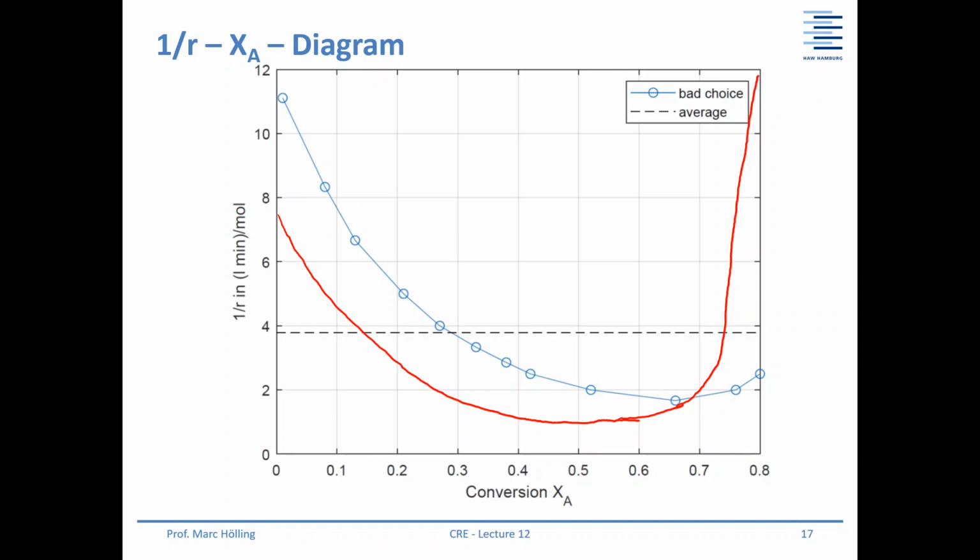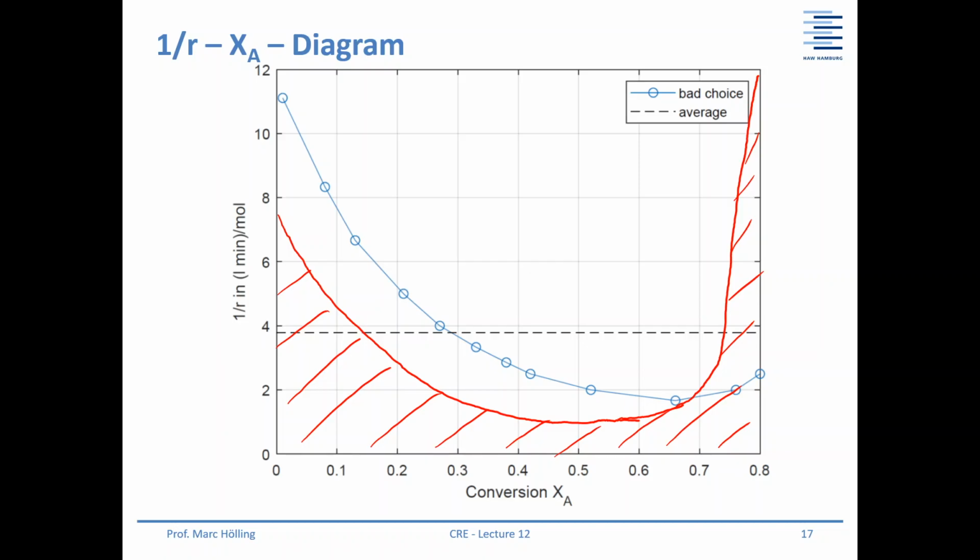But if you say, okay, I just need the area below this curve here, then I think it's clear to see that the red area here is lower. It's not much lower, but it's lower than the area that we had before.